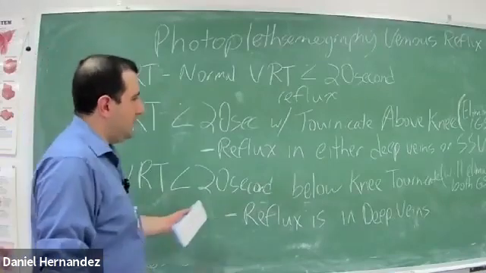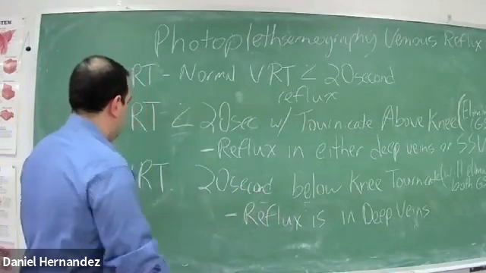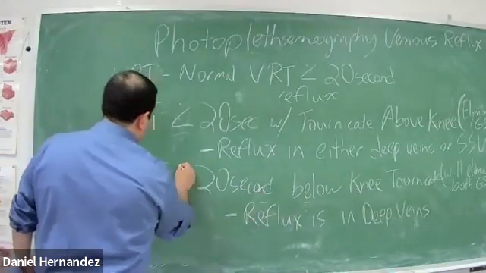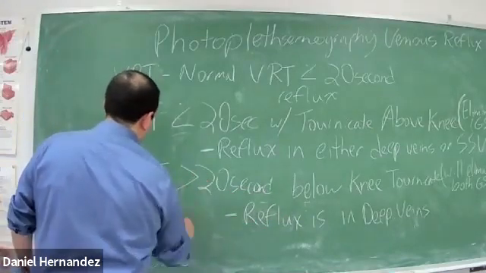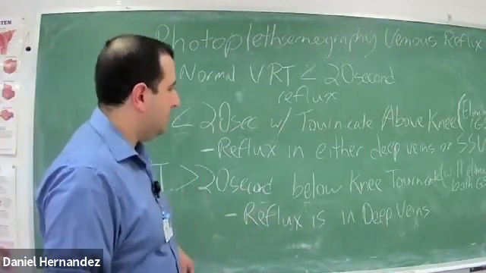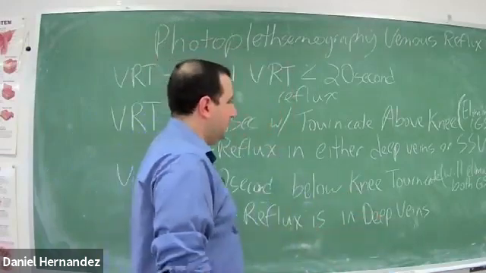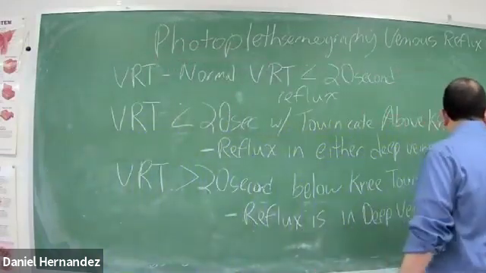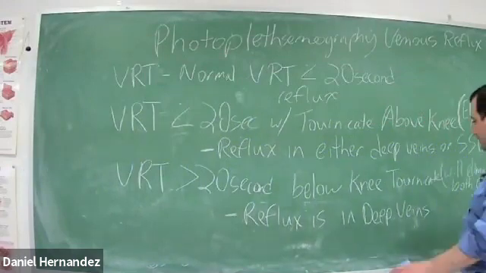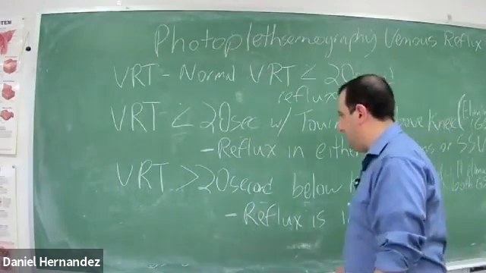But if we place that tourniquet below the knee now, and we return back to normal, the venous reflux time is now greater than 20 seconds, with the tourniquet placed below the knee, then we rule that the reflux would be in that lesser saphenous vein.